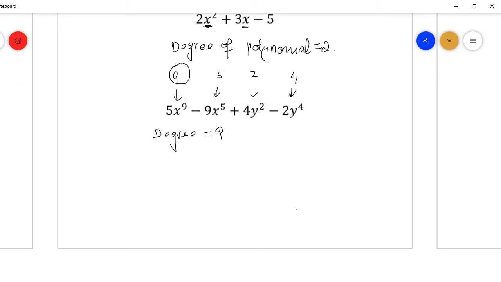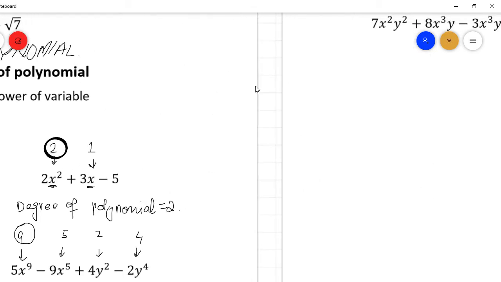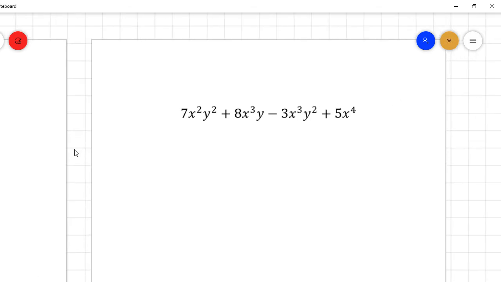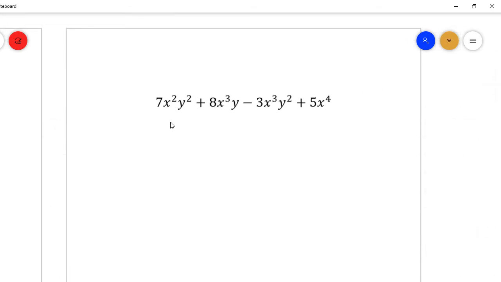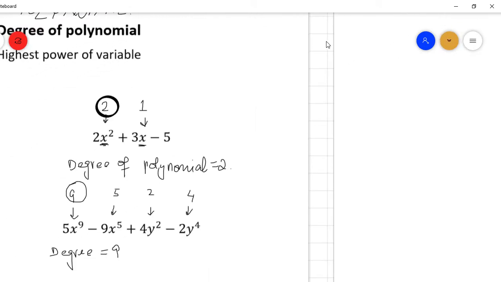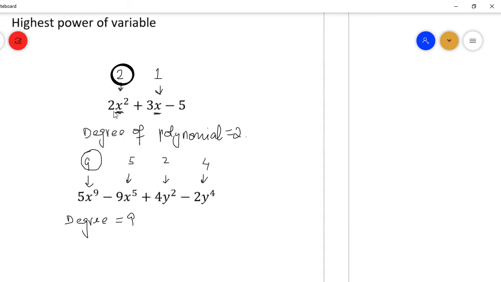Now come to the next example. What is the next example? It is the most interesting one, which is stated as 7x squared y squared plus 8x cubed y minus 3x cubed y squared plus 5x power 4. Now look at this expression. In the last two or three expressions there is only one variable, x. In 2x squared plus 3x minus 5, there is only one variable, which is x.